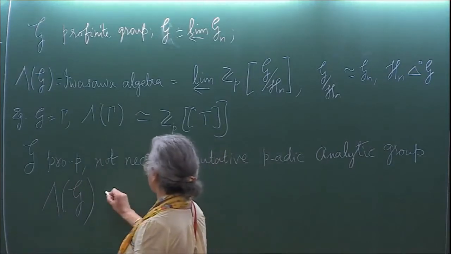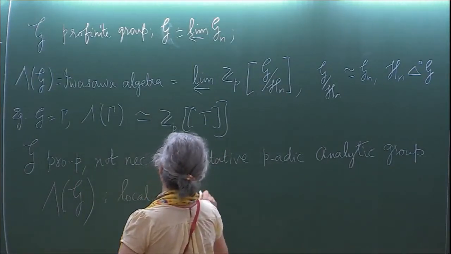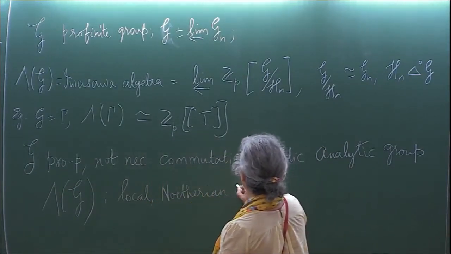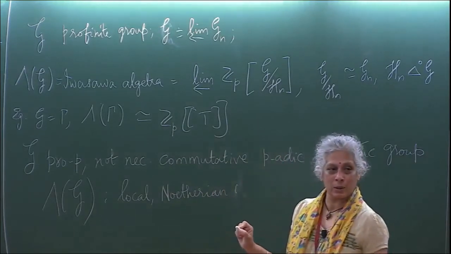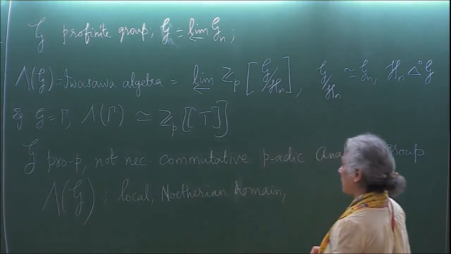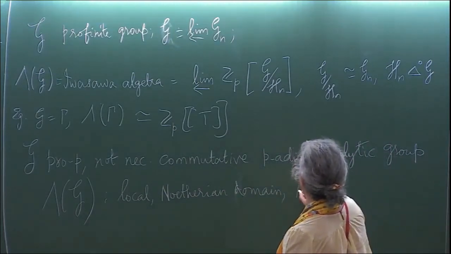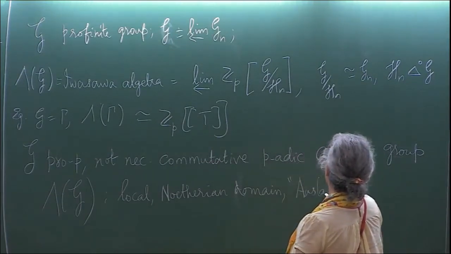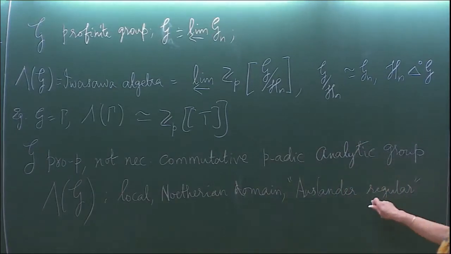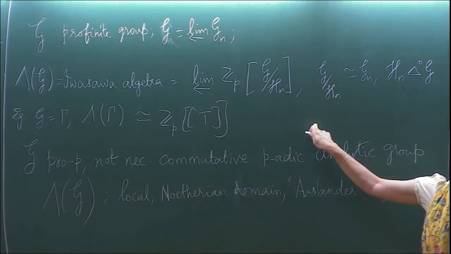So Lambda(G) is a local, Noetherian domain, non-commutative of course, domain in the sense of not having zero divisors, and it's going to be Auslander regular, which I will not say much about except to say that in the non-commutative world, this mimics what a regular local ring does in the commutative world.